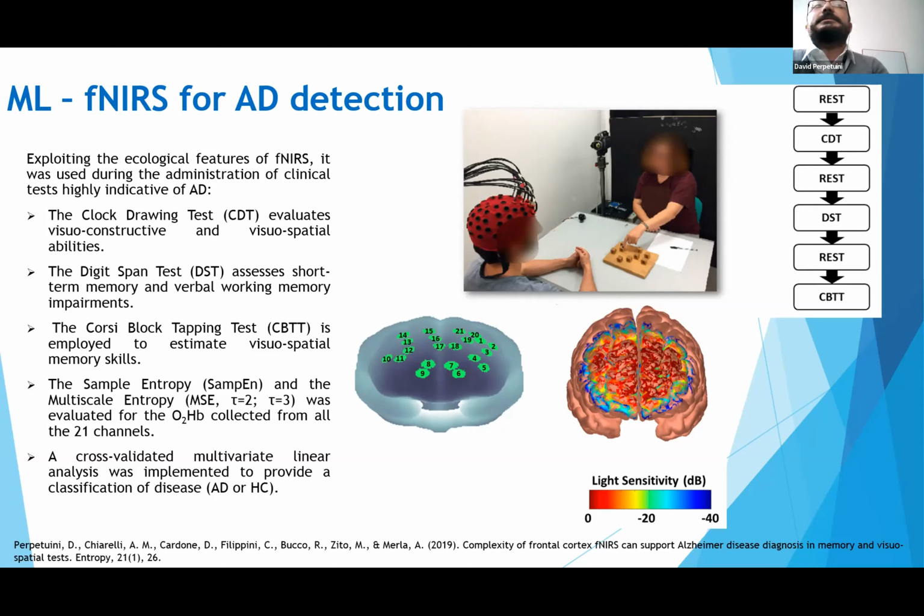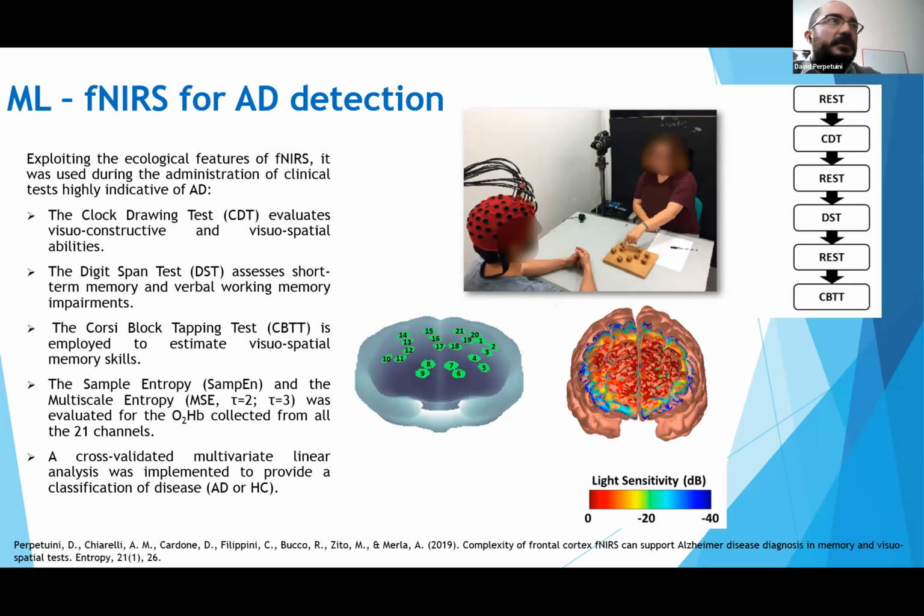The main issue in using neuroimaging tools in such ecological protocols relies on the data analysis, because for the canonical data analysis, you need to know the start of the activation and the duration of the activation.